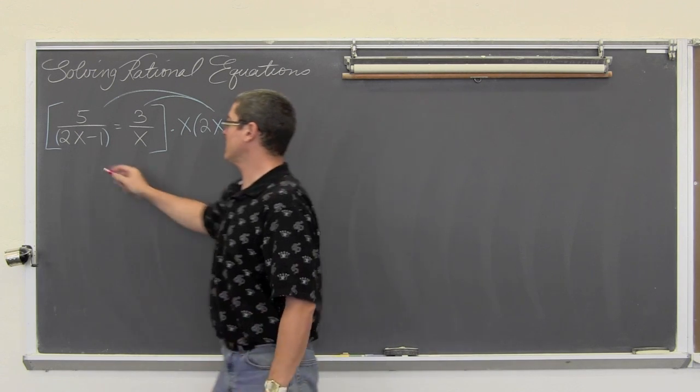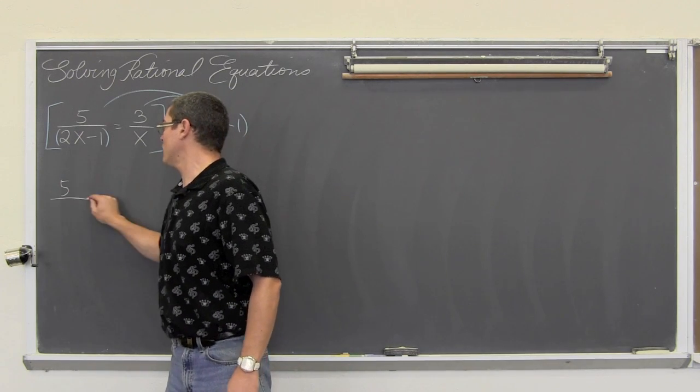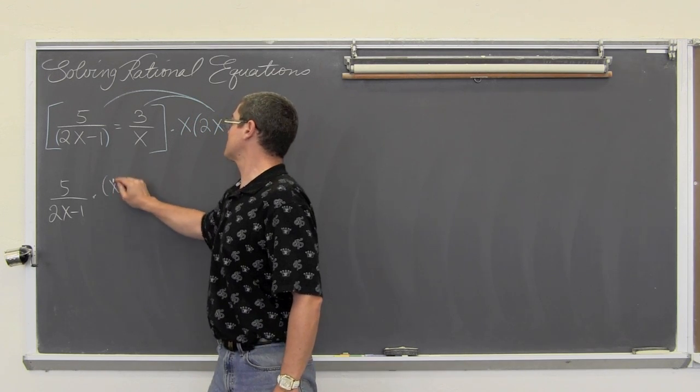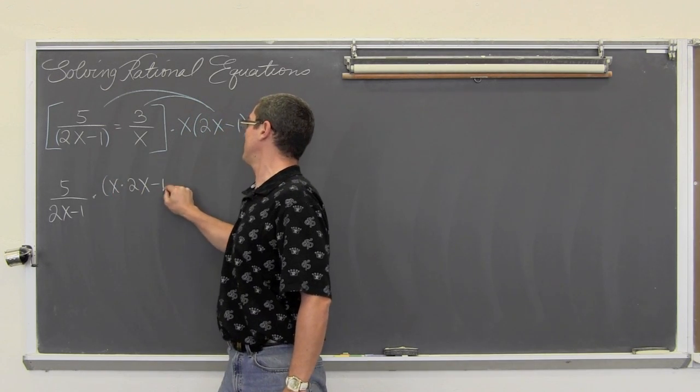When we do that, we get 5 over 2x minus 1 times x times 2x minus 1.